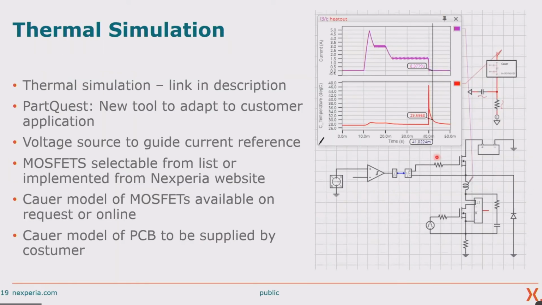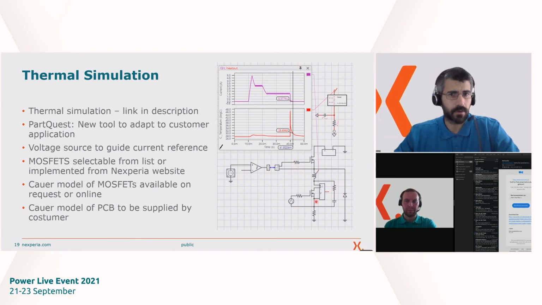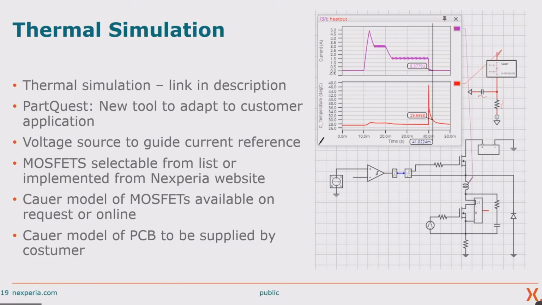So here is a thermal simulation, and this simulation can be found on the link that should be in the description below the video, and it is hosted on the web by a free simulation tool called PartQuest. It allows engineers to select the MOSFETs and observe the junction temperature along with any other waveforms that appear.